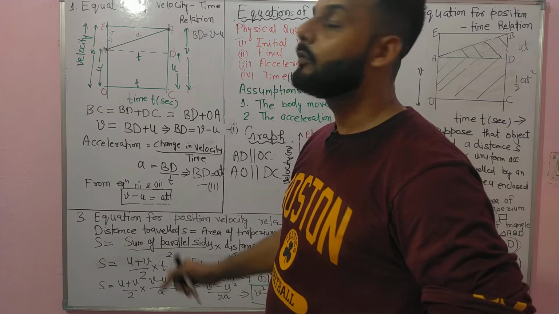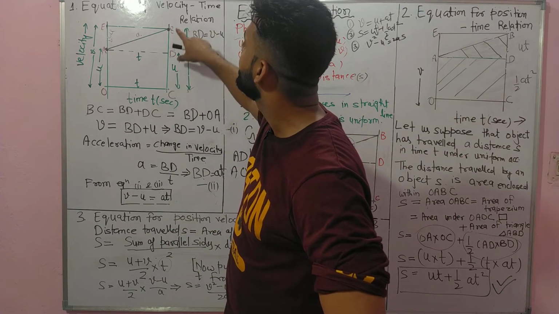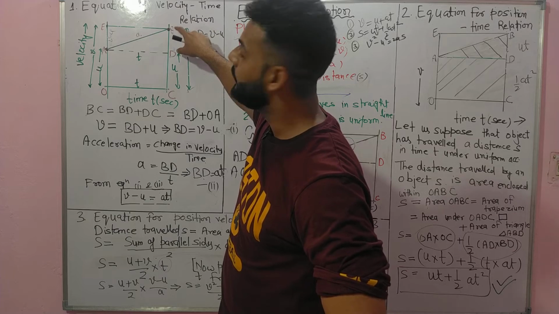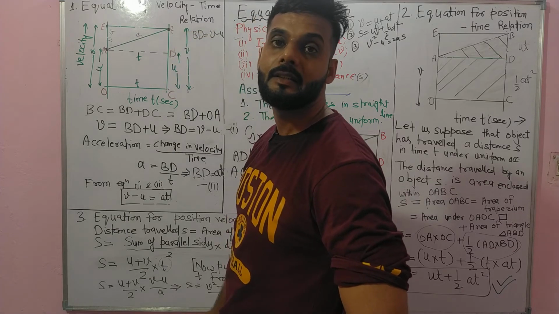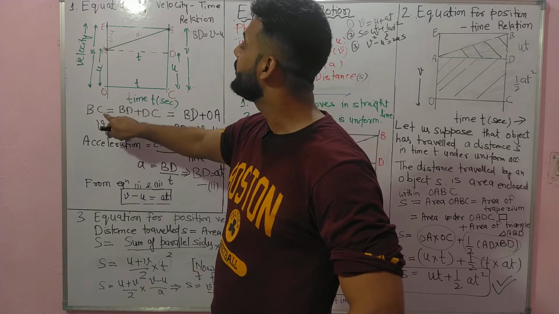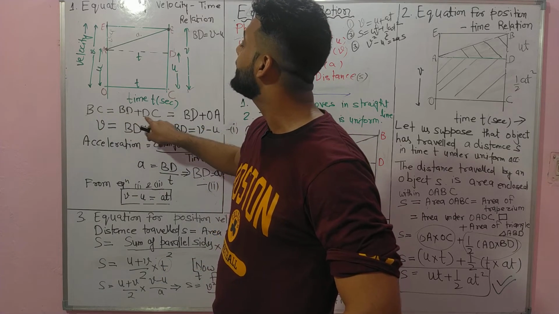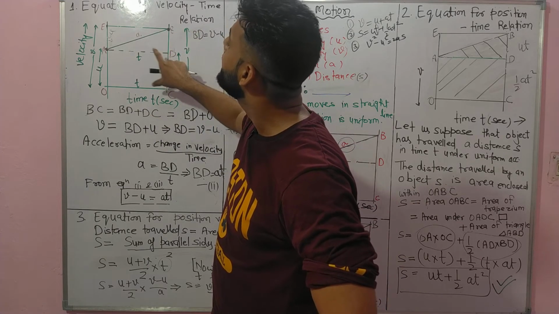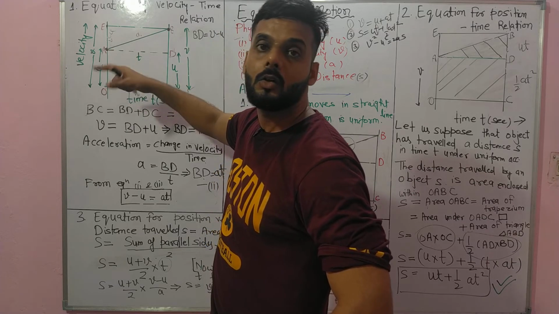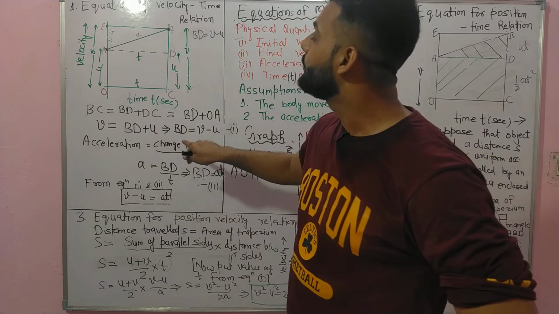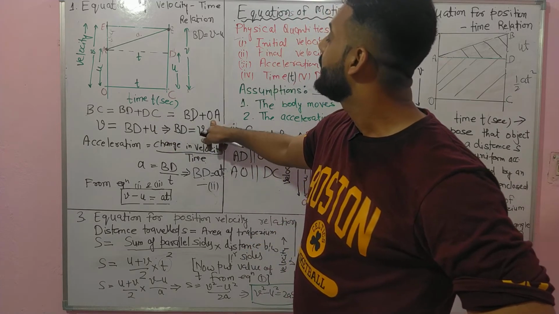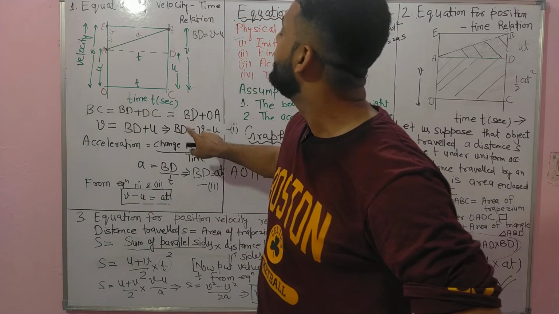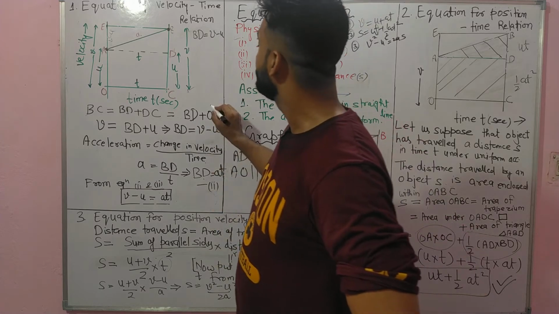Okay. Now we will take a part BC. BC is equal to the sum of BD plus DC. So we can write it here: BC is equal to BD plus DC, and this DC is equal to OA. Now we have the value of BC. BC is the final velocity v and OA is the initial velocity u.